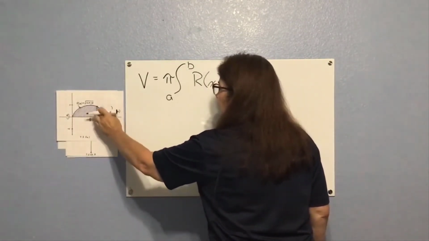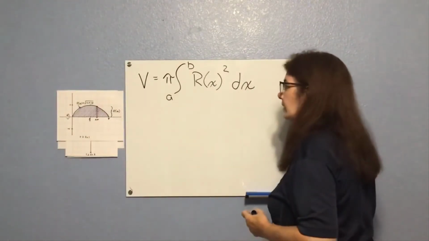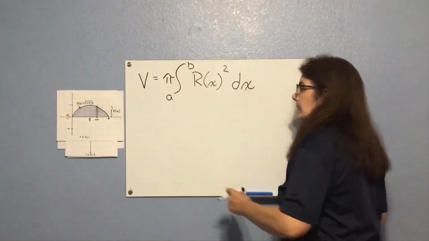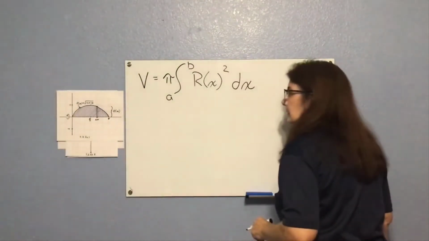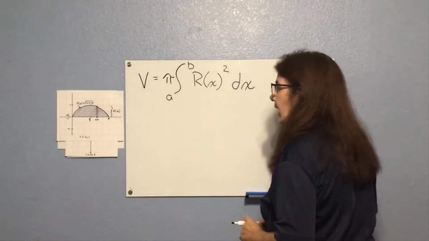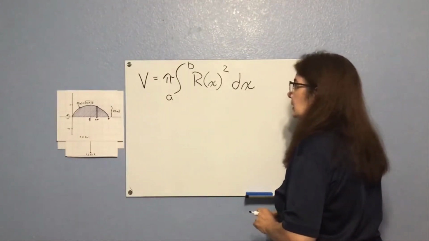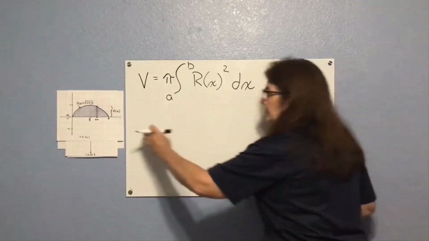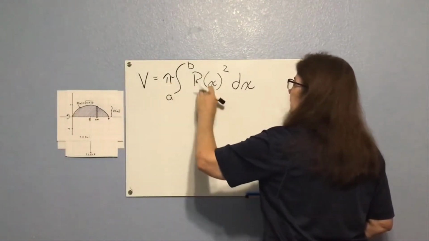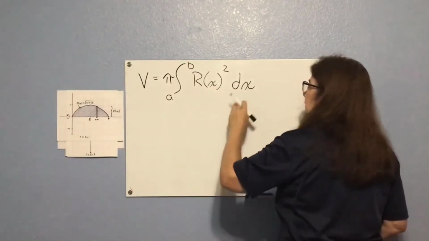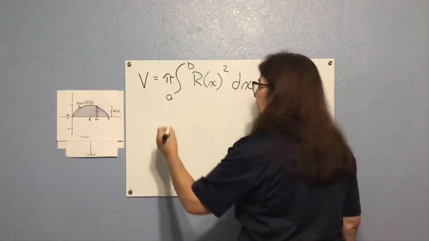R of x is the radius of a particular slice of that solid. And dx would be the width or the height of that little section. When we take all of them together from a to b, we get the volume pi r squared times that thickness.